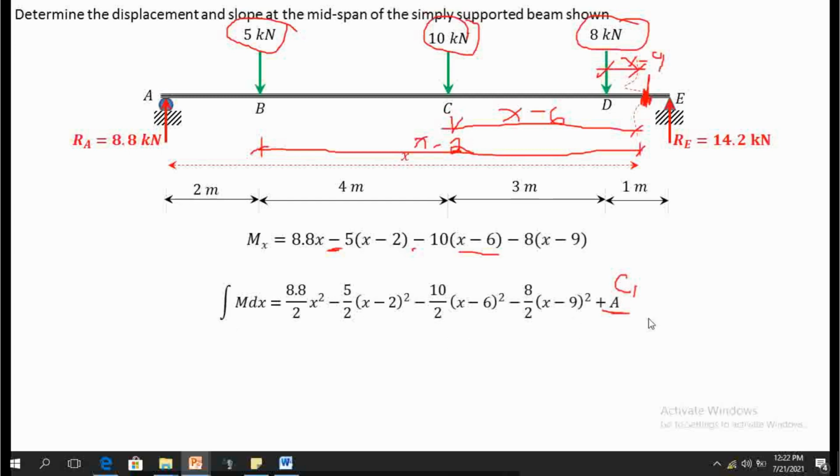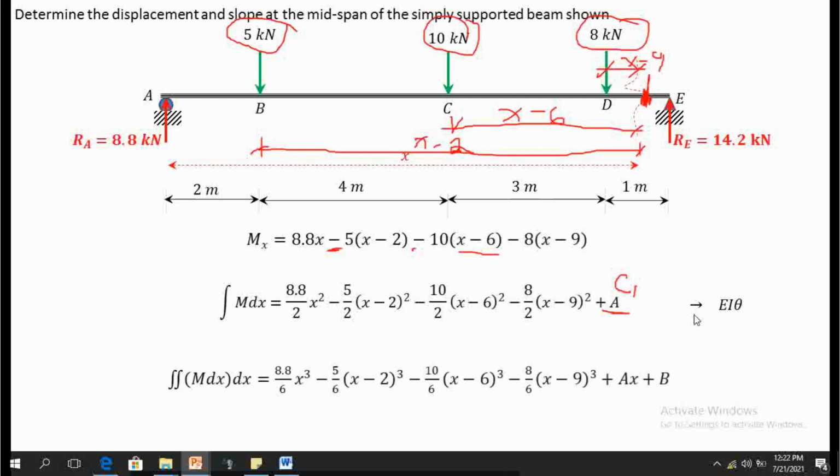And so, after the first integration, pwede na akong mag-integrate ulit. So, for the second integration, 8.2 over 2 raised to 2, kapag in-integrate ko siya ulit, magiging 8.8 over 6 x raised to 3. Okay?